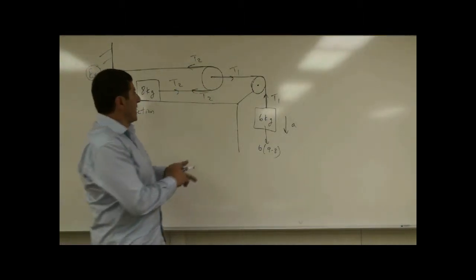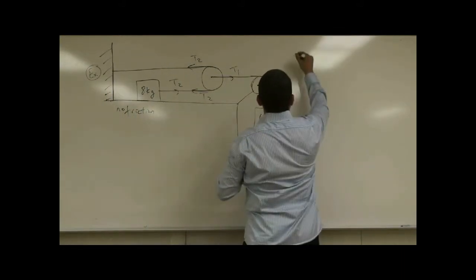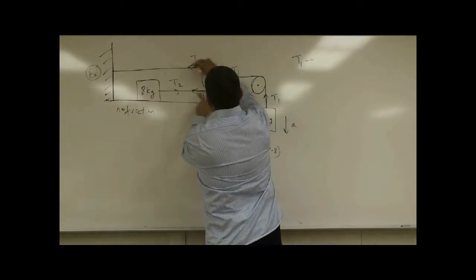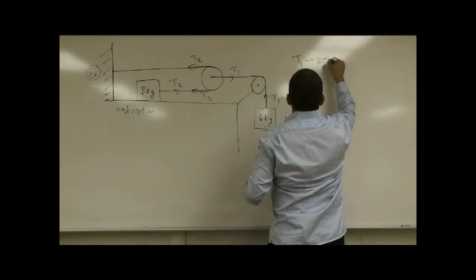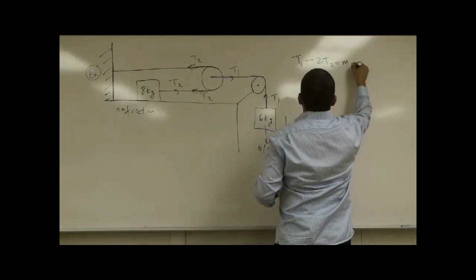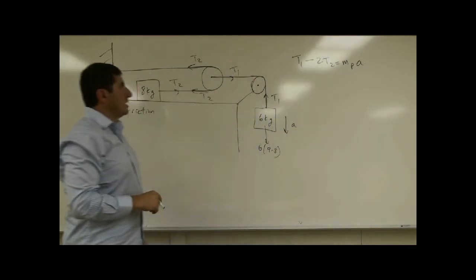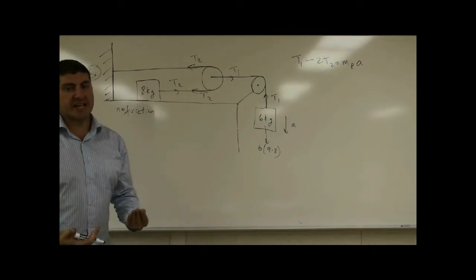Okay? So if we analyze what is happening to the pulley, we say T1 this way minus 2T2, so there's two tensions pulling the pulley back, is equal to the mass of the pulley times the acceleration of the pulley going this way, right? In problems such as these, we usually ignore the mass of the pulley.